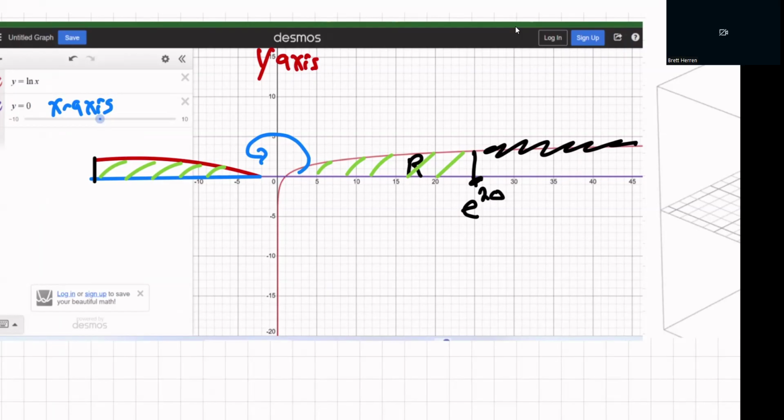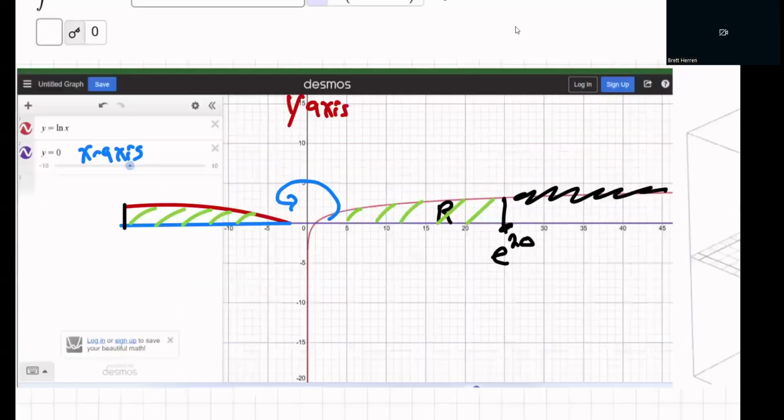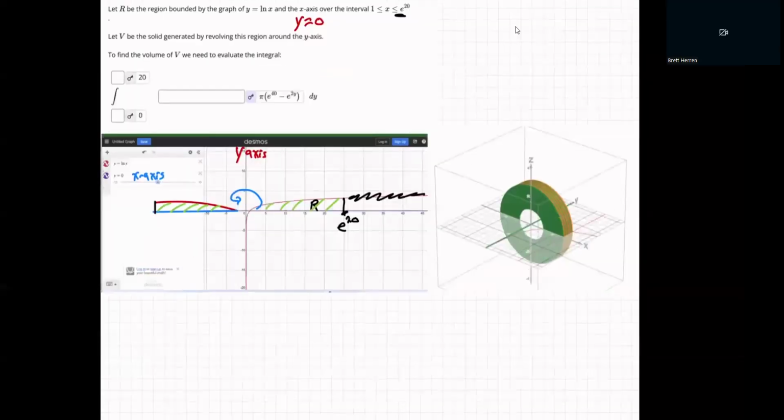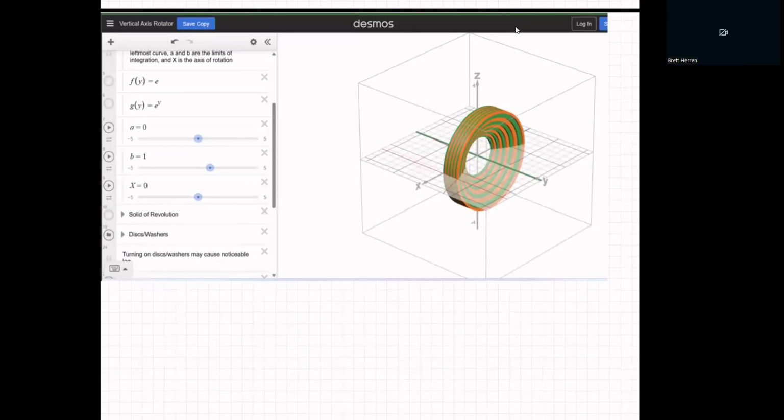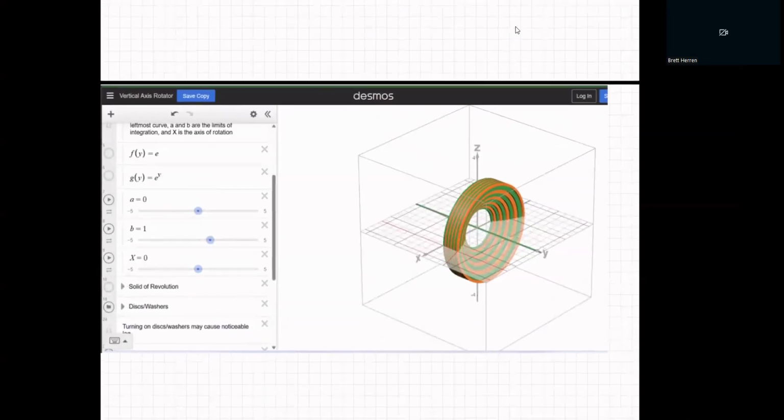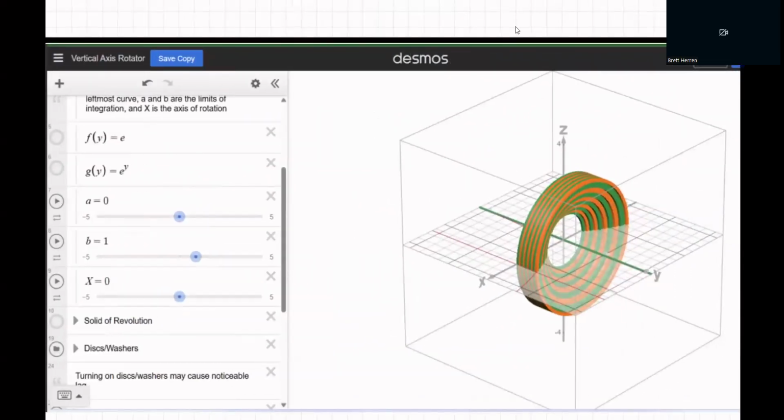So how are we going to set up the integral to find the volume of that shape? Well, I went ahead and used the three-dimensional Desmos calculator. That was a little tricky, because whenever you put it in, you'll notice it wants g of y and f of y. That's something you're going to need to get used to if you're going into higher calculus.